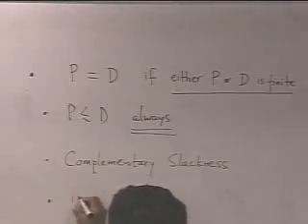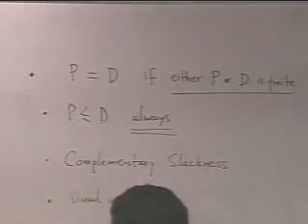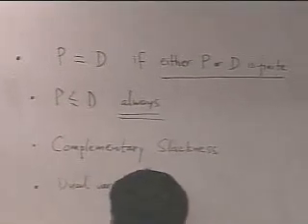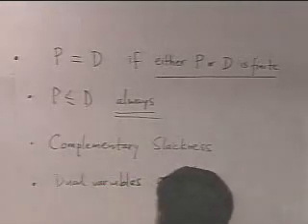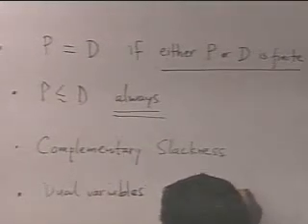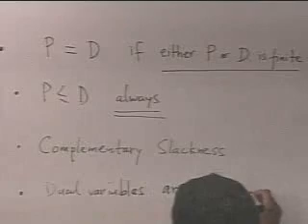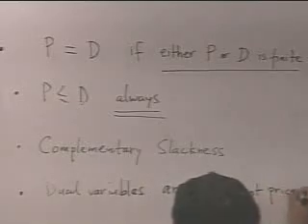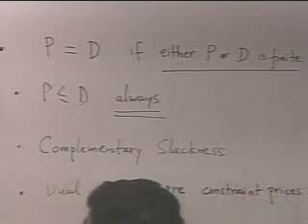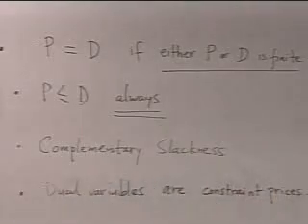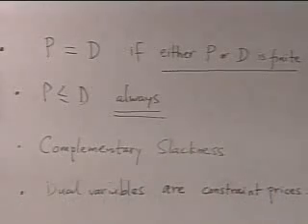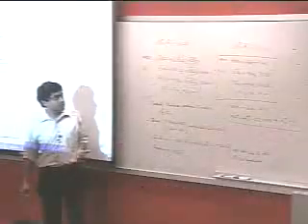And the other thing is the dual variables. I don't like the word shadow prices. I'd rather call them constraint prices. So they tell you what is the value of a constraint. How much should you be willing to pay to change a particular constraint? Or what is the cost of the constraint being changed on you? Suppose a supplier tells you that only 470 units of corn is available. Then you want to figure out what is the implication of that for your production.